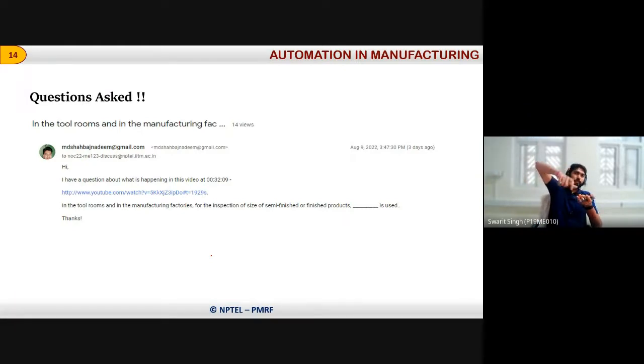After face milling, you are going to perform the end milling operation to reduce its size from one of the ends. So what kind of instrument does the operator use in the workshop or on the manufacturing shop floor? You must have seen it, I think it's a very simple thing. Anyone?